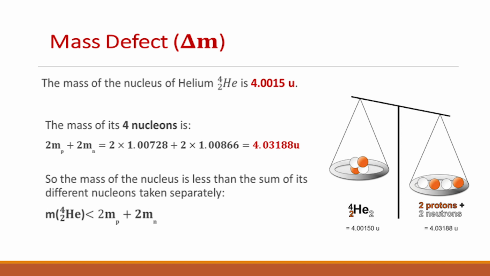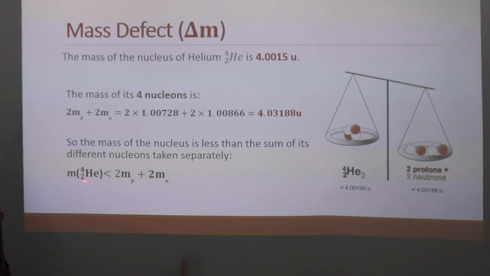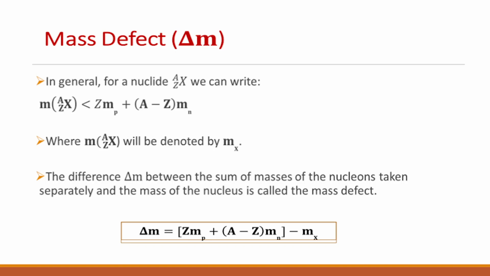Where is this mass? The mass of the nucleus is less than the sum of its different nucleons taken separately. So the mass of helium alone is less than the mass of its constituents, which are 2 protons and 2 neutrons. As a conclusion, we noticed that the mass of any nucleus is less than the sum of the masses of its constituents.